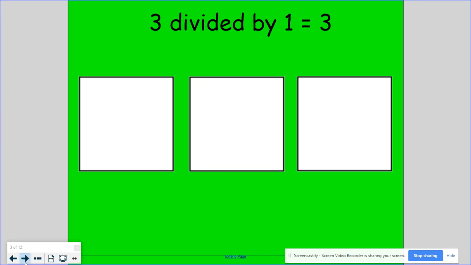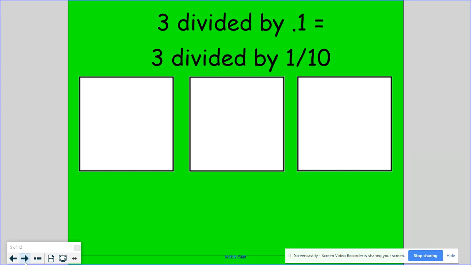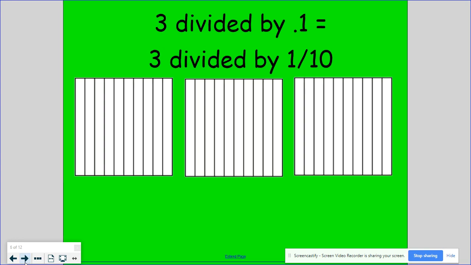What if instead of 1, it was 1/10? So I have my 3 wholes again, but now I want to divide them into groups of 1/10. We can think of it kind of like this. We've already did some division like this, where we take 3 things and we divide them into groups of 1/10. It looks a little bit something like this.